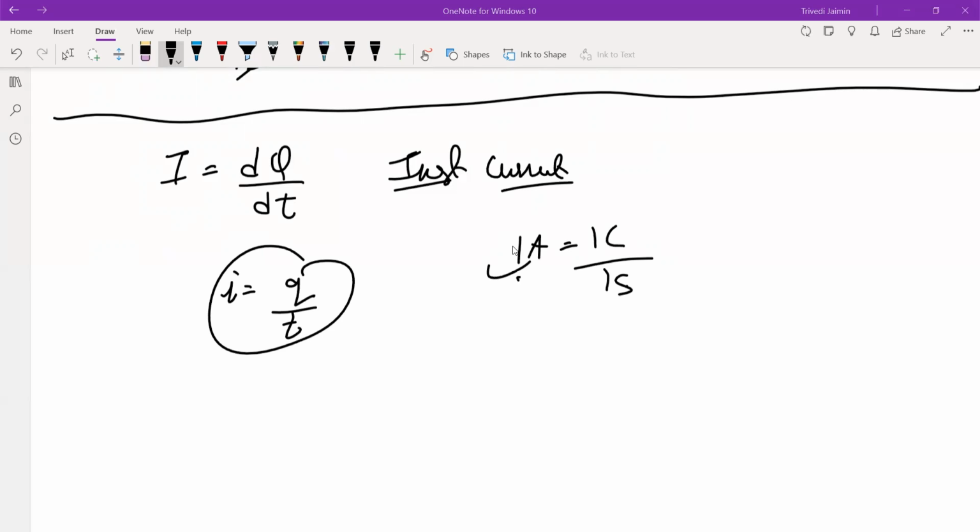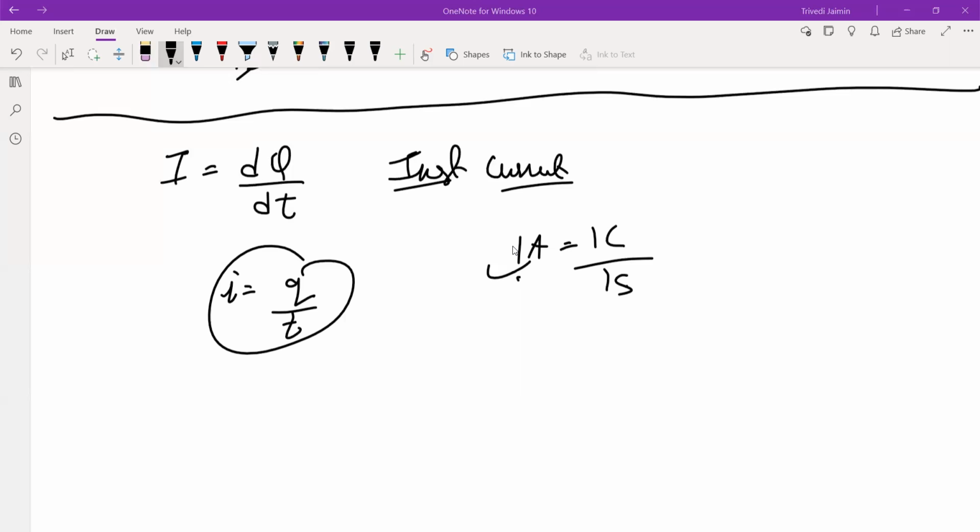That is 1 ampere. And it is a tensor quantity, not scalar, not vector, because although it is scalar in nature and requires direction, it does not follow the vector law. It does not follow vector addition. So it is a tensor quantity.